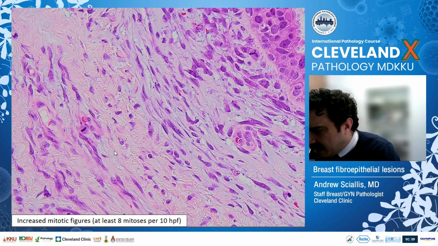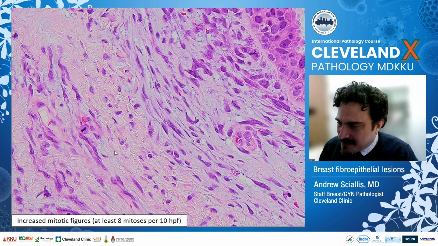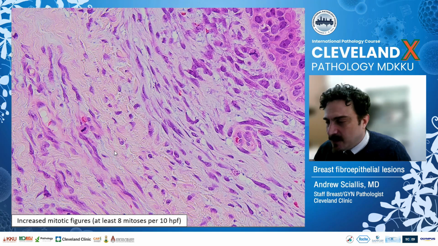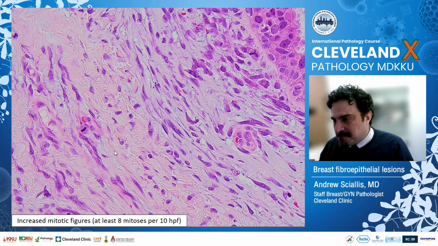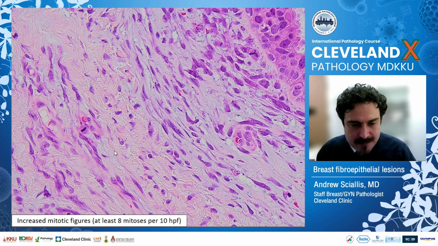Some of the old-school pathologists would say you can find mitotic figures in anything, and you can even find benign things with atypical mitotic figures. But I'm a superstitious individual, and I think most benign things don't have atypical mitotic figures. So I store this in the back of my head and say, all right, Andy, this could be something more than just a benign fibroadenoma.